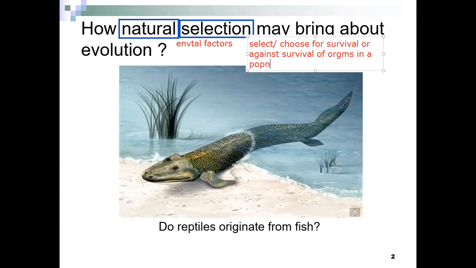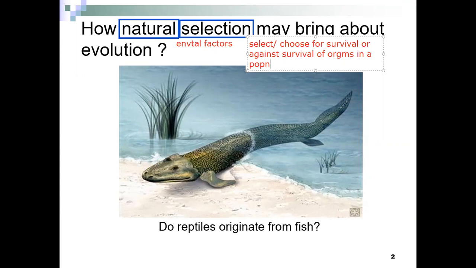That's the meaning when you translate these two words straight: natural selection. Natural means the nature, our immediate environmental factors. Selection means they will choose or select for the survival or against the survival of an organism or all organisms in a population. So this is called natural selection.